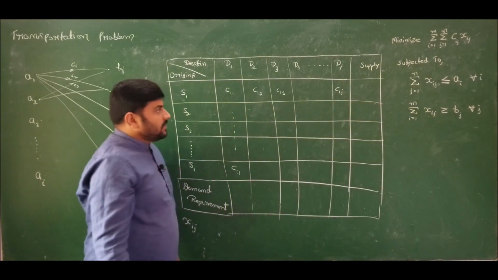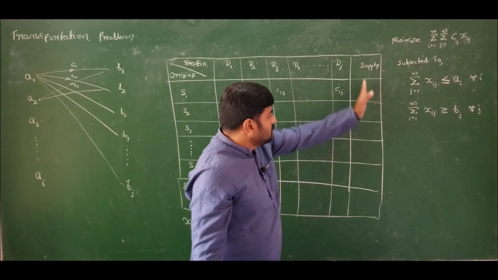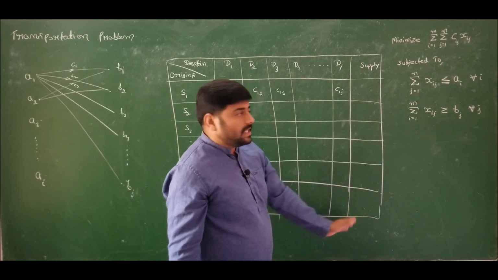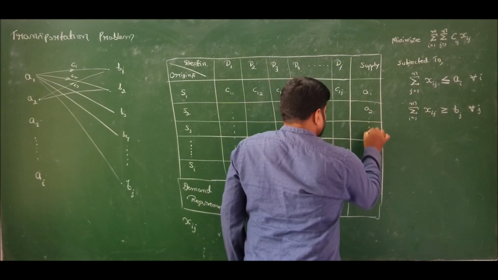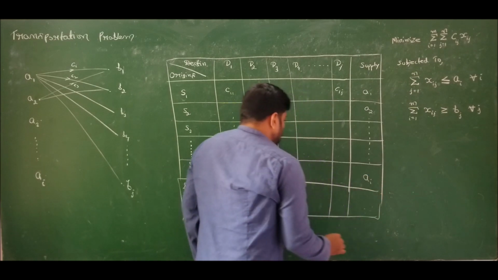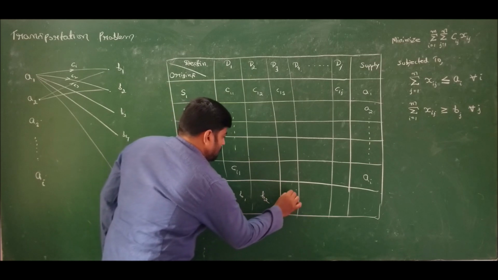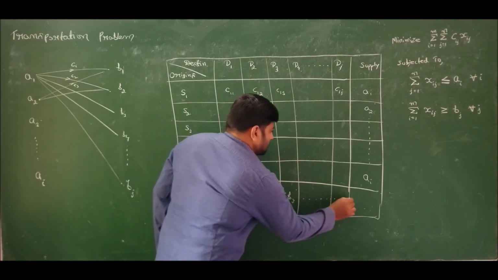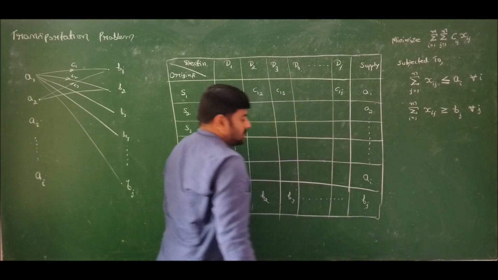Here, these are the B's, the demands, and these are the supplies, that is A's. So we have A1, A2, etc. up to Ai, and we have demands, that is B1, B2, B3, etc. up to Bj.